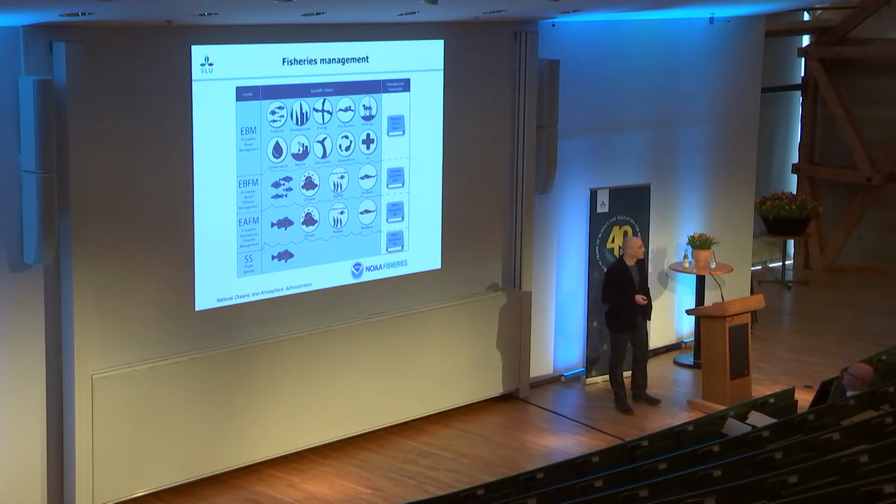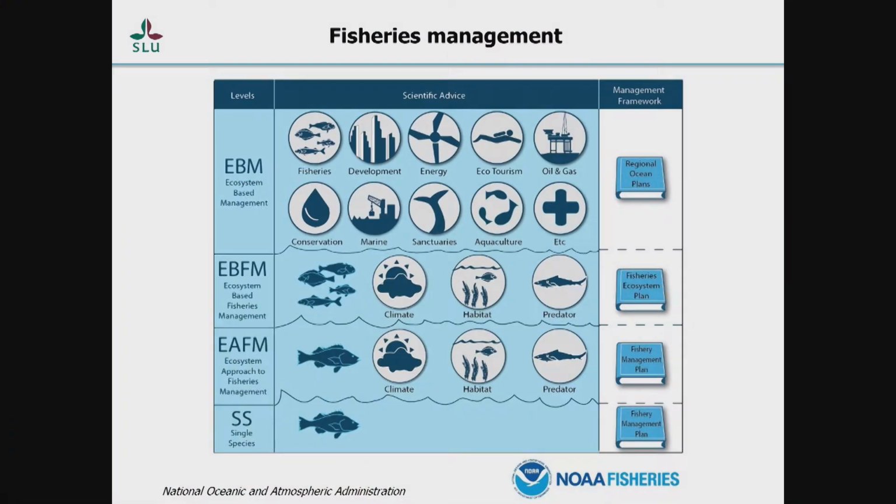So, fisheries management. I don't know how many of you are familiar with this concept, but there are different steps or levels of complexity. At the bottom, we have the single species approach. It means that we try to estimate the status of different populations in the sea, and then we try to say if the exploitation is sustainable or not, and if the abundance of one species or population in the sea is big enough or not.